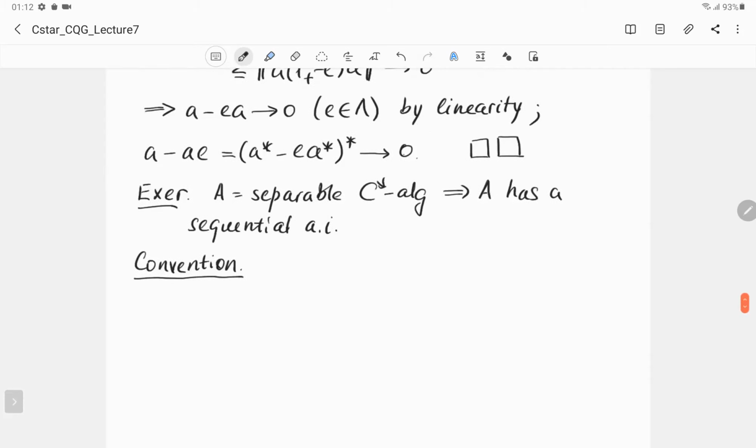When we speak about approximate identities in C-star algebras, we will always assume that our approximate identities satisfy the above conditions AI1 and AI2. So an approximate identity will mean an approximate identity satisfying conditions AI1 and AI2.